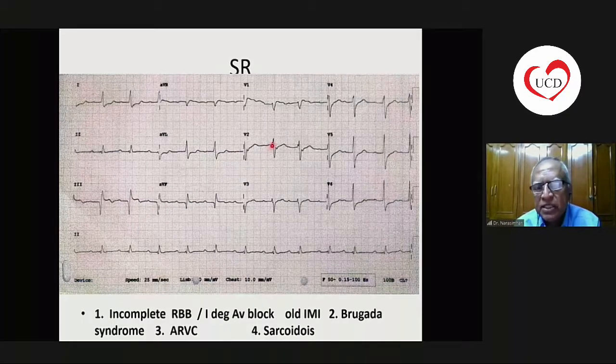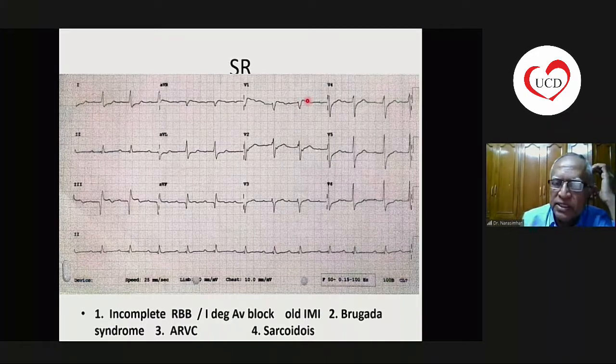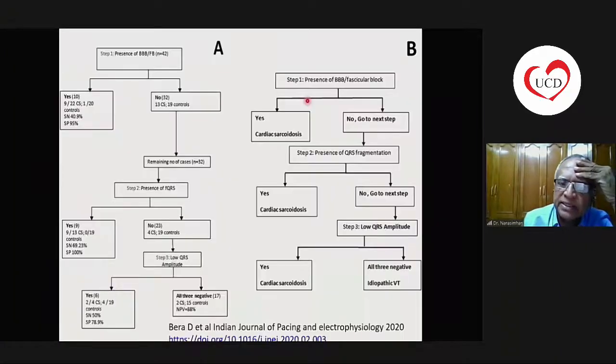There is evidence of fractionation you can see in lead V2. There is evidence of a widened QRS and a delayed activation of the RV, which is not conforming to anything. So these things should make you suspect that this patient has a granulomatous myocarditis.